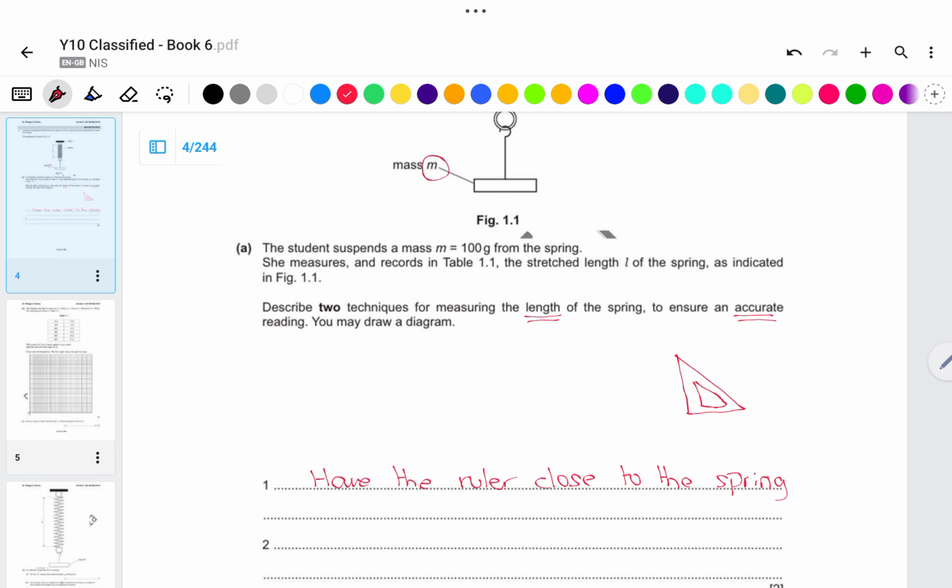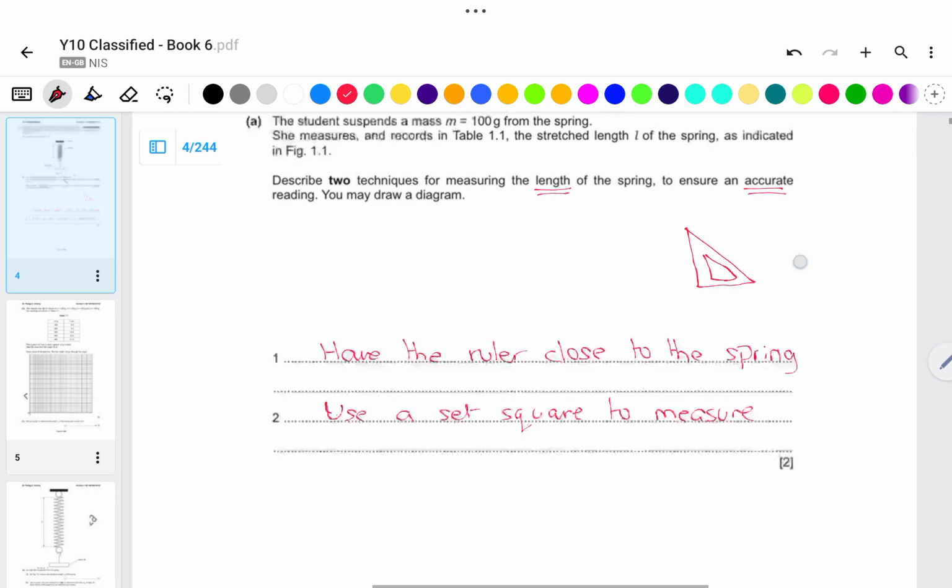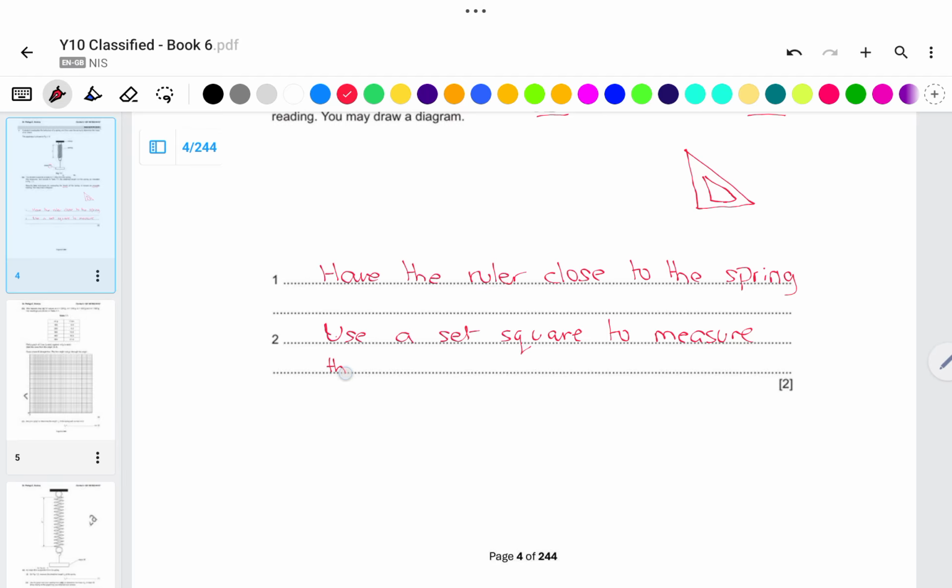So my second option to measure the length accurately is to use a set square to measure the length of the spring.